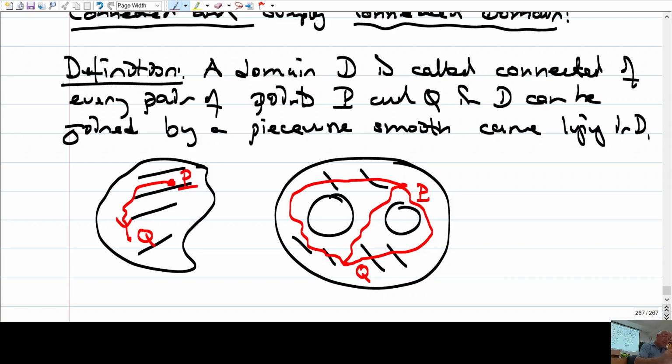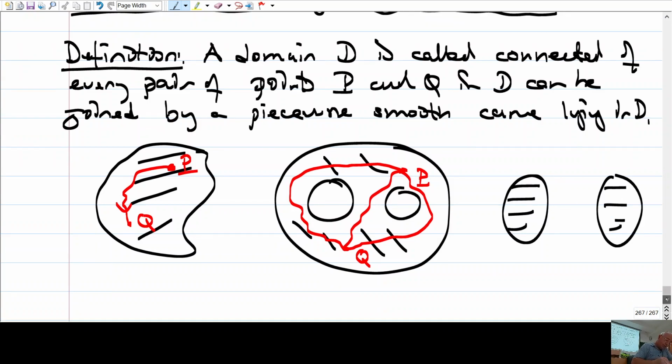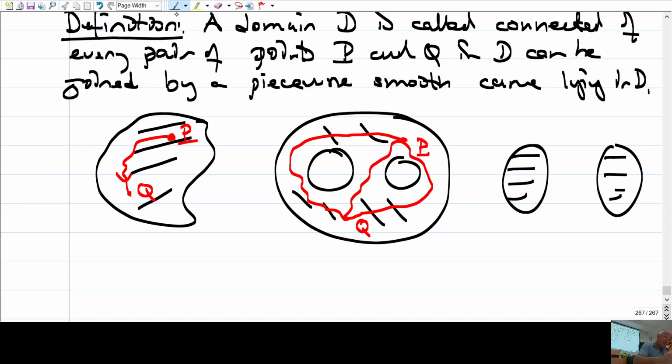But this one is not connected. Which one? Suppose D has 2 parts. Okay. So D is these 2. If you choose the point P from here and Q from this, then you cannot find a path lying in D joining these 2 points, right?